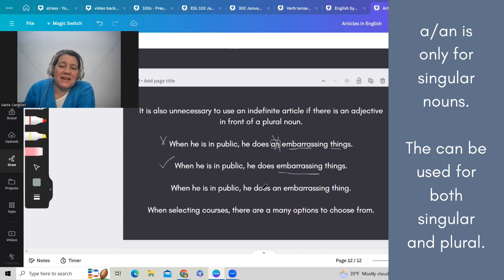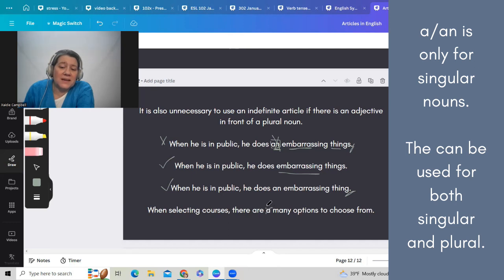When he's in public, he does an embarrassing thing. That's okay. That's correct. The reason is because it's singular here. An can't go with plural things. When selecting courses, there are many options to choose from.